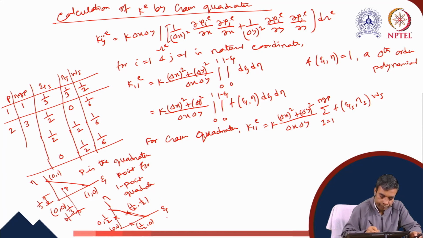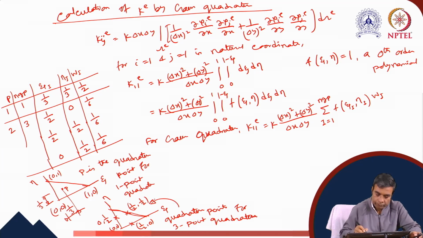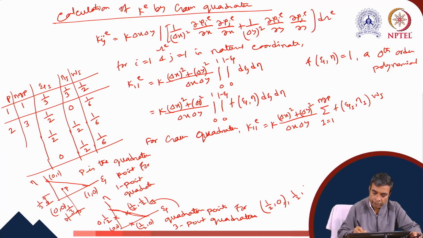So these are the quadrature points for 3-point quadrature: half 0, half half, and 0 half.